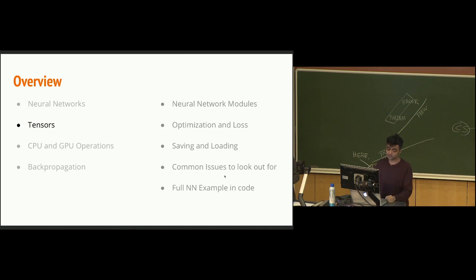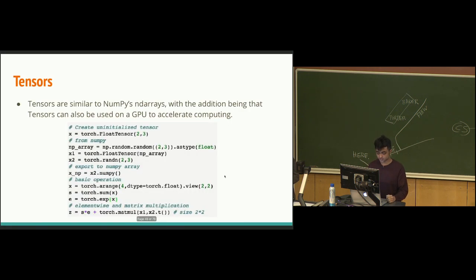So let's begin with tensors. Tensors are very similar to NumPy's n-dimensional arrays. You would have worked with them in Homework 0. You can convert a tensor to a NumPy array, and you can also convert a NumPy array to a tensor.